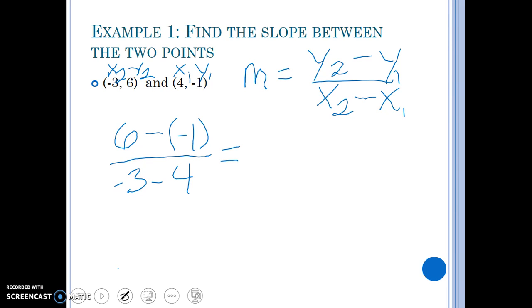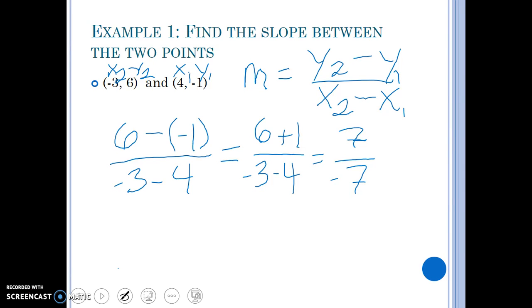So let's start with the top, 6 minus negative 1. Now remember, when we subtract a negative, it's the same as adding. So I'm going to quickly change this to 6 plus 1, so we don't get ourselves confused. And then rewrite the bottom. From there, I'm simply going to do what the operations say. So 6 plus 1 is 7 over negative 3 minus 4, which is negative 7.